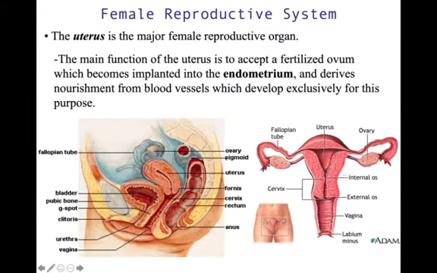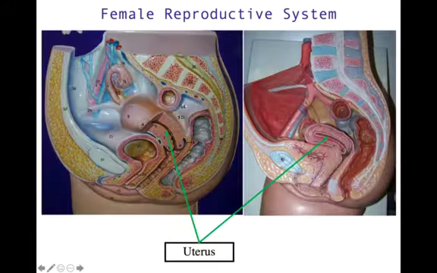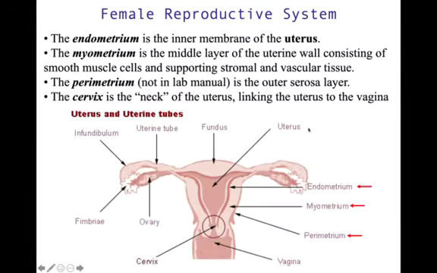So the function again is that it houses and protects the developing baby. It's the womb, W-O-M-B. Before I go on, here we can see the uterus on this model, and then here's the uterus on this model here.